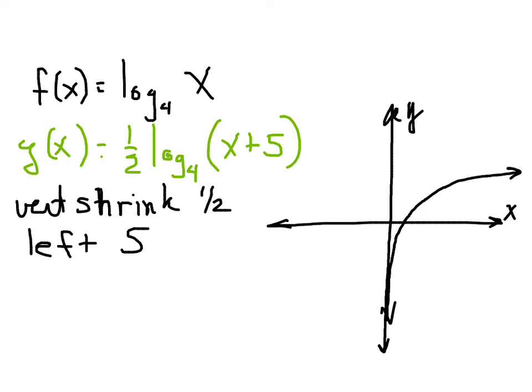I also have to move it to the left 5 units. 1, 2, 3, 4, 5. And it should have been narrower. An exponent is inside. And if it's got a log in front of it, then they'll have parentheses. You won't have an exponent for logs.